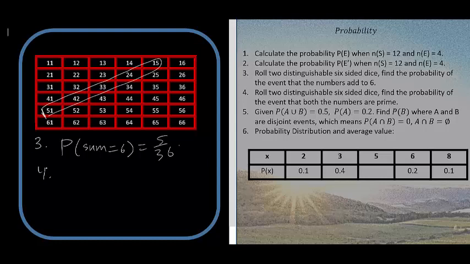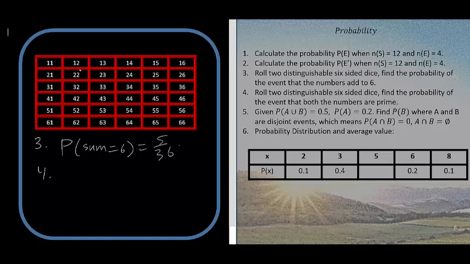Number 4 says roll 2 distinguishable 6-sided dice. So then we have the same sample space. Find the probability of the event that both the numbers are prime. So where do you see both numbers prime? First you look at here 2, 2, 2, 3.